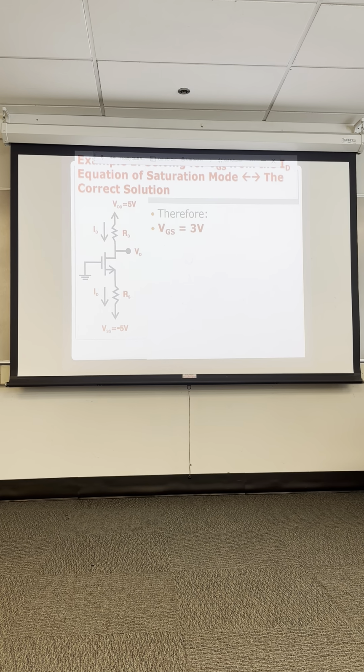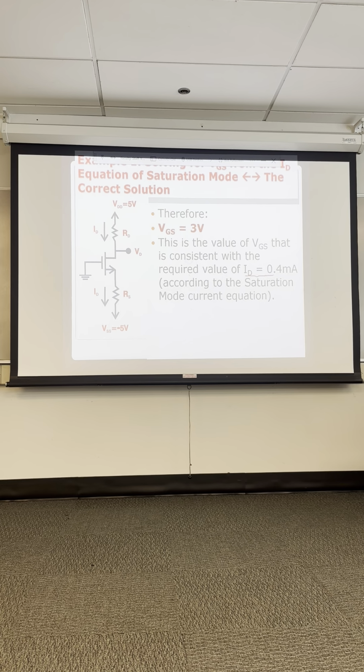So the gate to source then is equal to 3 volts. We decided that's the best result. And the drain current was given to be 0.4 milliamperes. So we want a gate to source voltage of 3 volts. We want a drain current of 0.4 milliamperes.